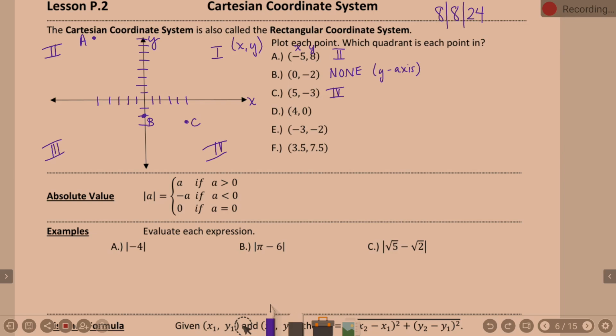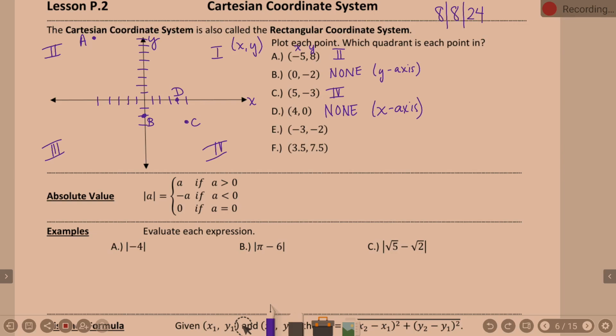What about D? 4, 0. Go right 4, up or down 0. Which quadrant is that in? It's on the x-axis, so it's not in a quadrant. If you want to comment, you can comment that it is on the x-axis.